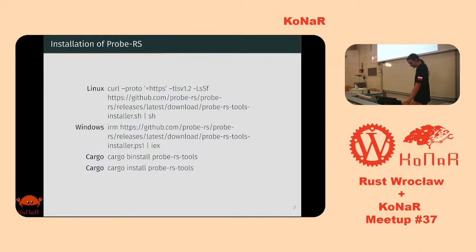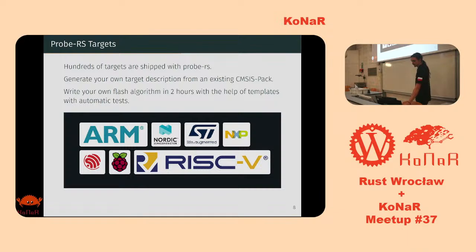If you programmed in Rust before, you will know that you can make specific apps that use the cargo system. Yeah, and with ProbeRS you can program all of those listed processors here. There are hundreds of them. And you can also write your own flash algorithms if you desire to do so.